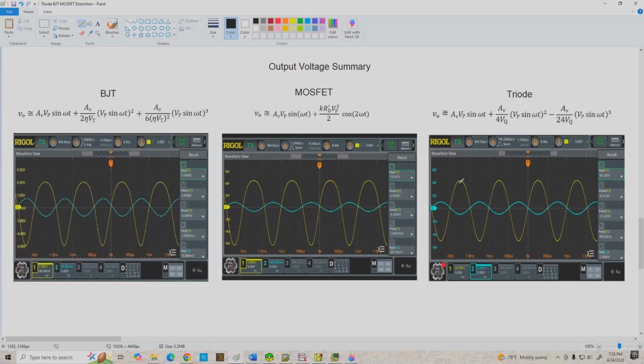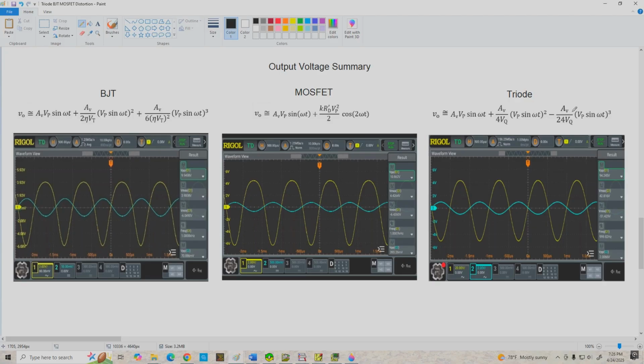Now, we come over to the triode, and this is interesting. We've got an output of about 94 volts peak to peak, roughly the same percentage of its maximum available voltage swing, but the distortion is noticeably lower here, and that's because the coefficients of our quadratic, cubic, and higher terms drop off really fast compared to the BJT and MOSFET.